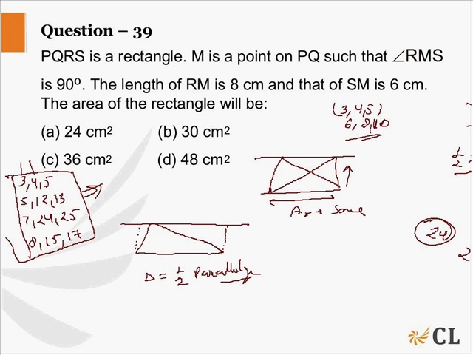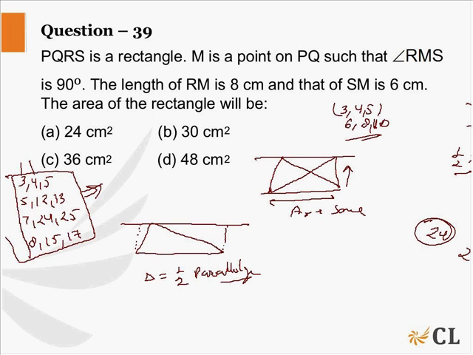So again, the area can be written as half into 6 into 8. That gives you h is equal to 4.8. So length into breadth will give you the answer in that case. Second approach, I told you about the similarity method, but that is quite a lengthy method, so you should not apply this.